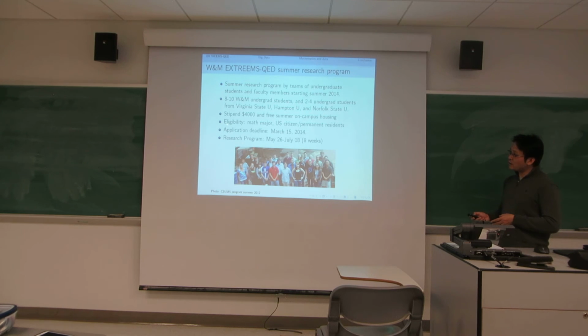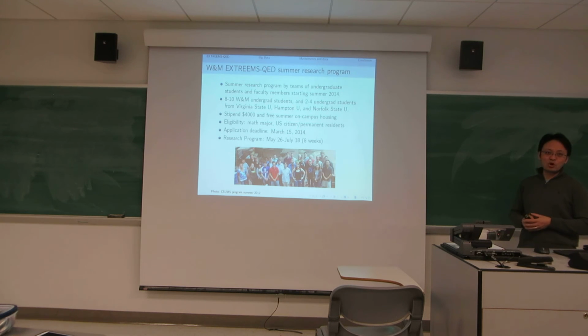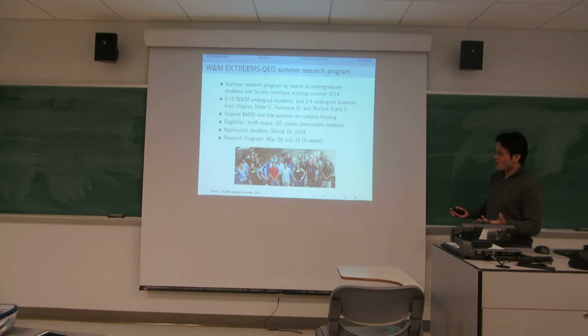So who can apply and who will get this scholarship? There are mainly 2 requirements. One is being a math major. The reason for this requirement is that the NSF hopes to increase the number of math majors, which is one of the goals of such projects.